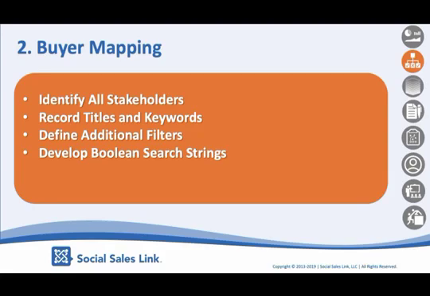So we start by developing a Boolean search string, which is taking all those titles and using "or" as a modifier. So it could be VP of Sales or Chief Revenue Officer or Director of Sales. And then that will help to bring a list of those targeted buyers.